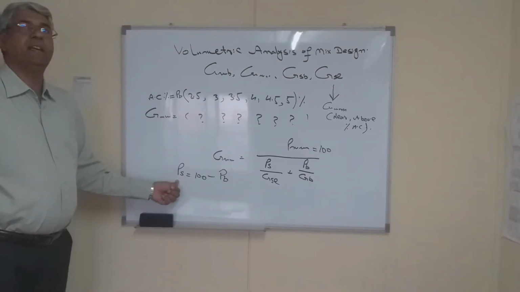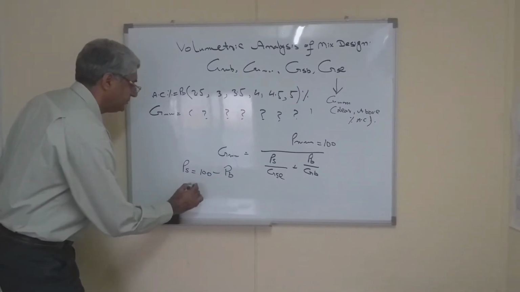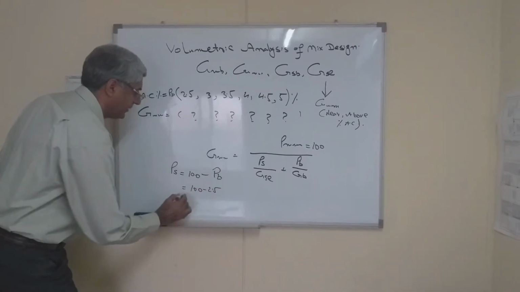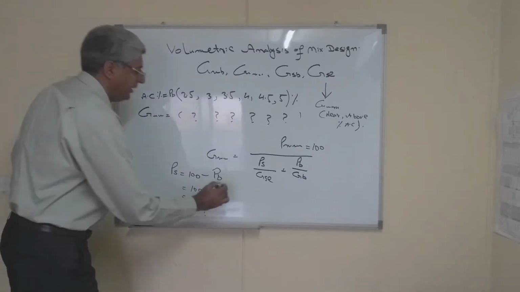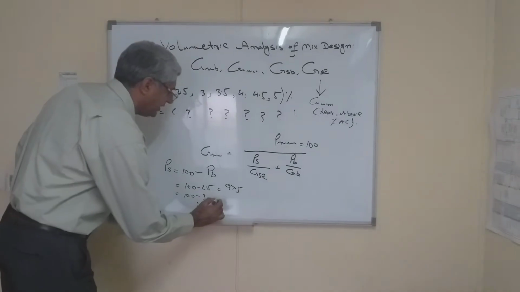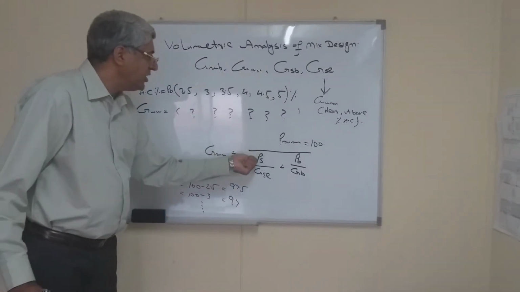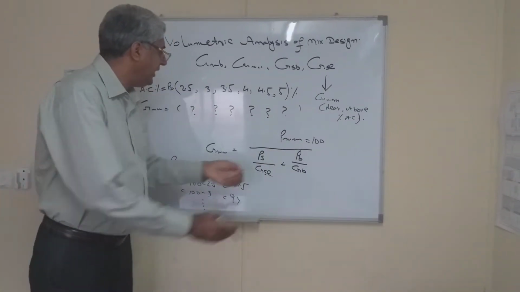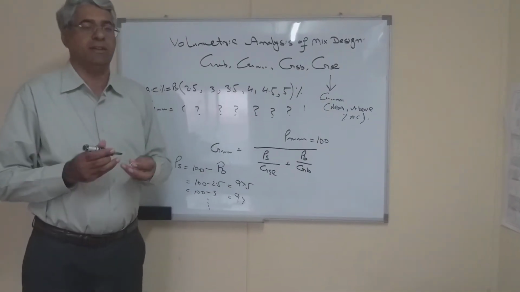PS means percentage of aggregate. How much percentage of aggregate is used over here? 100 minus 2.5, 100 minus 3, etc. It will be 97.5, it will be 97. So these values we will go on changing over here, and in this way we can calculate the value of GMM at each asphalt content.